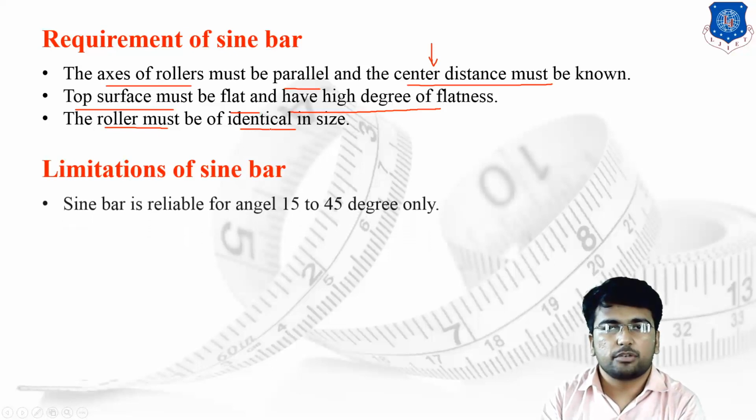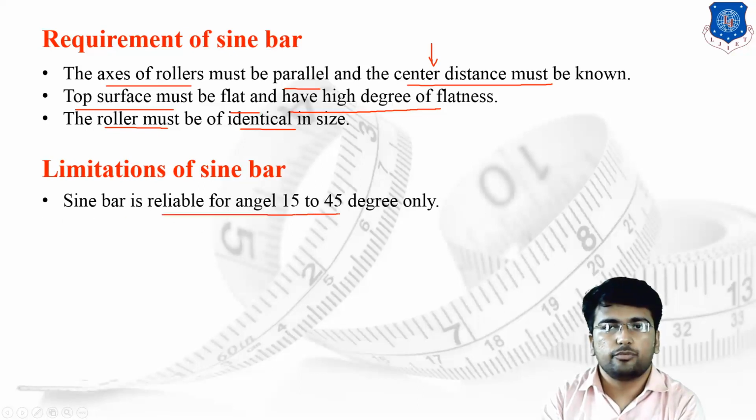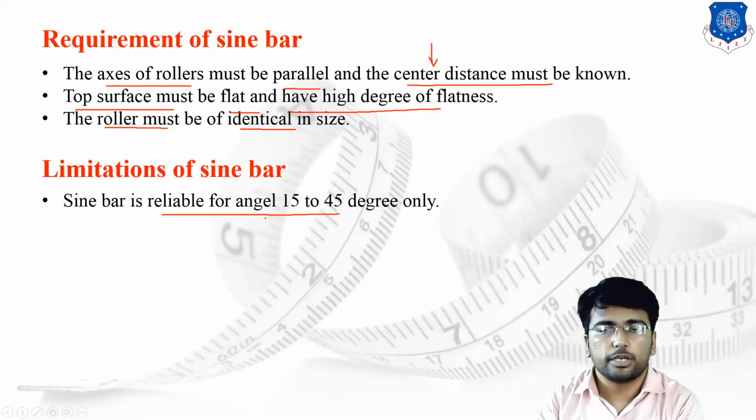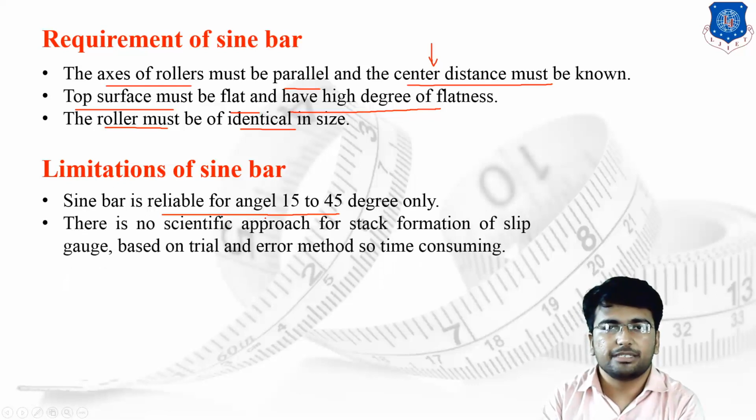The basic limitation of the sine bar is that it is reliable for the measurement of angles up to 45 degrees; measurement of 15 to 45 degree angles using the sine bar is good, but beyond 45 degrees the chance of error in the sine bar increases drastically. So we avoid such measurement by using the sine bar principle.